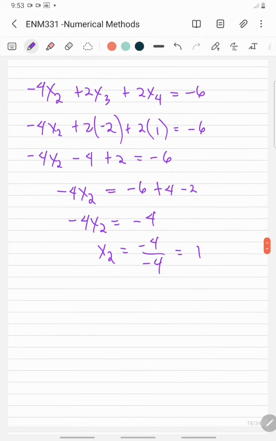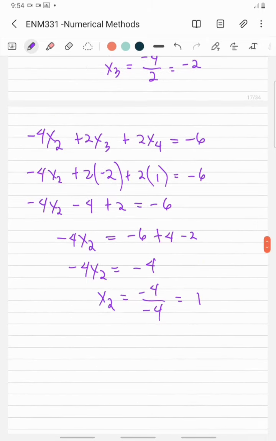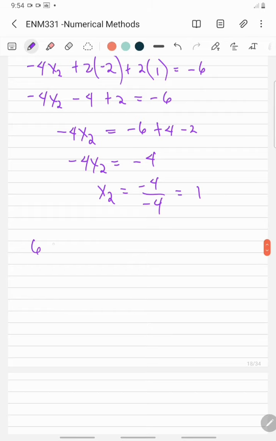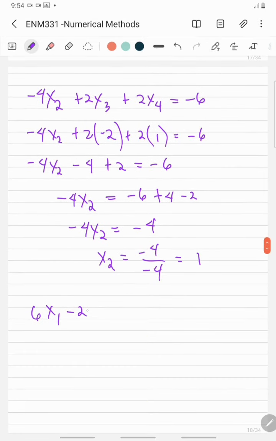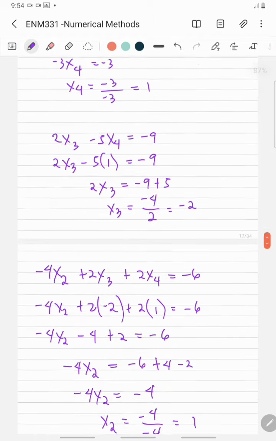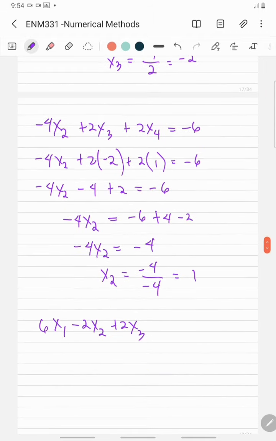Okay. For our x1, for our first equation, we have 6x1 minus 2x2 plus 2x3 plus 4x4 is equal to 16.